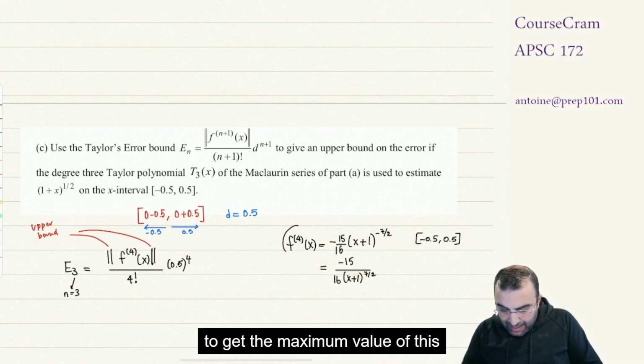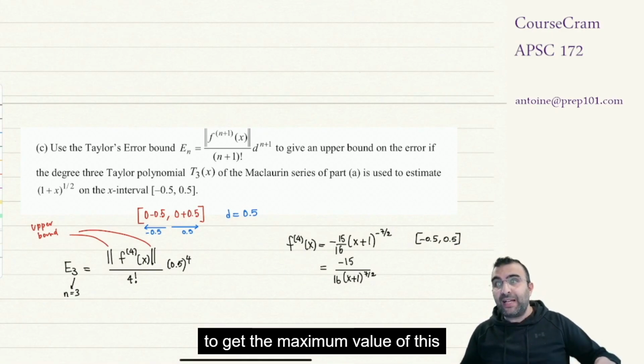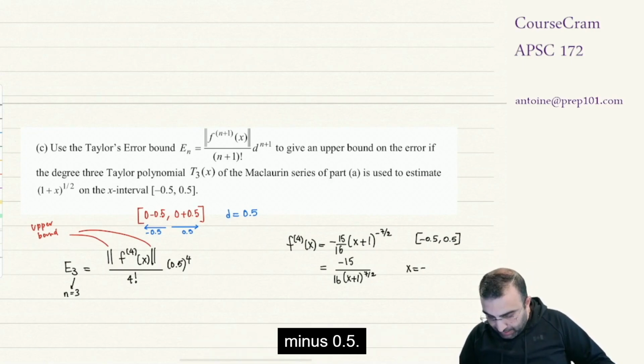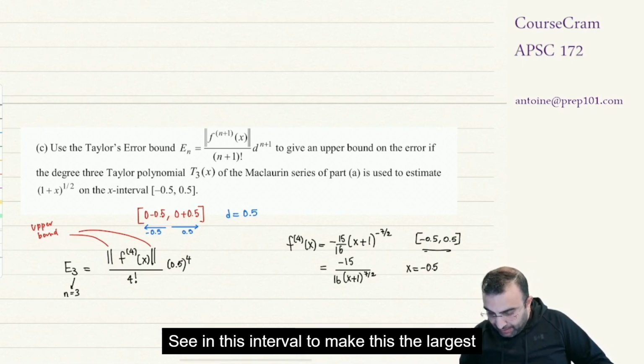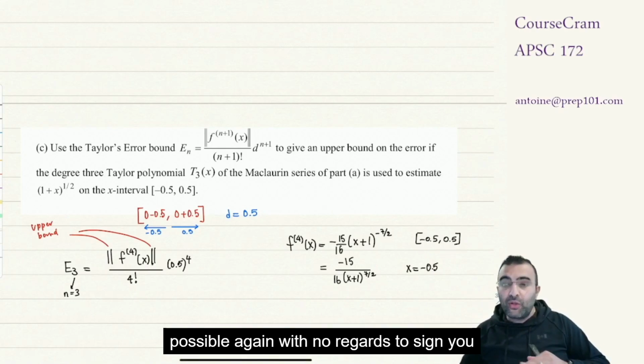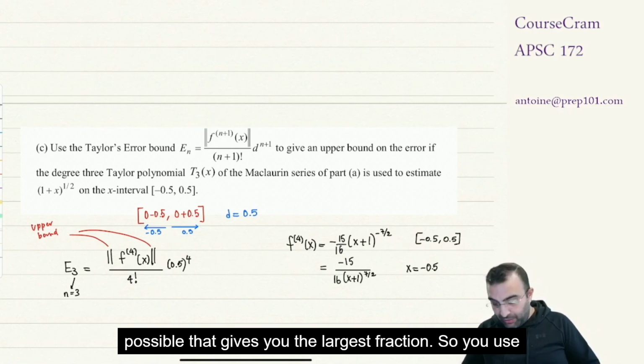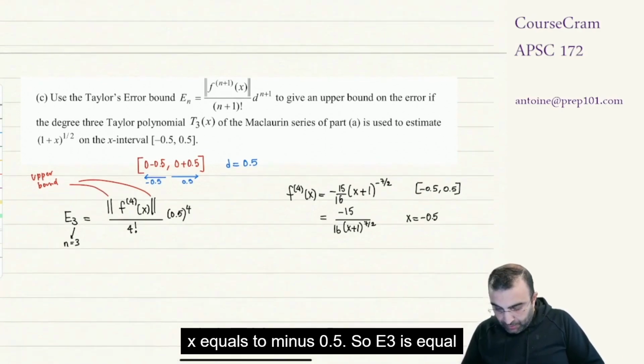To get the maximum value of this, you would like to take x equal to minus 0.5. In this interval, to make this the largest possible, with no regard to sign, you want your denominator to be as small as possible. That gives you the largest fraction. So you use x equals minus 0.5.